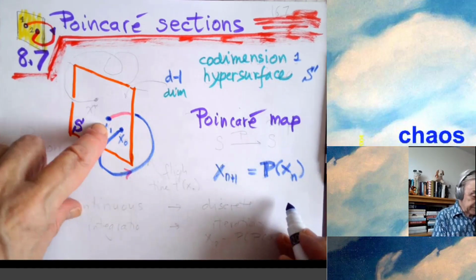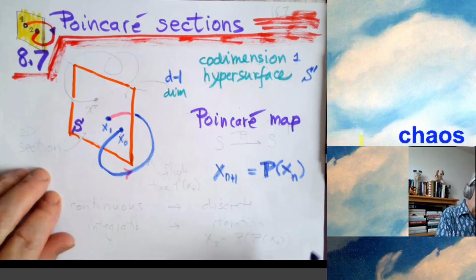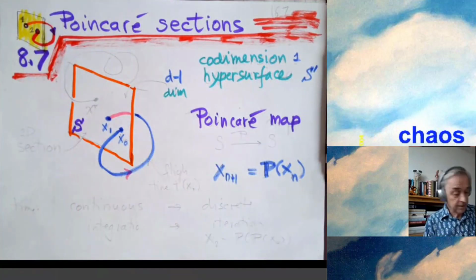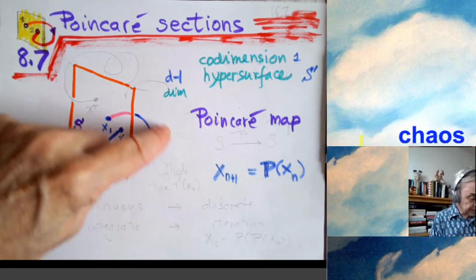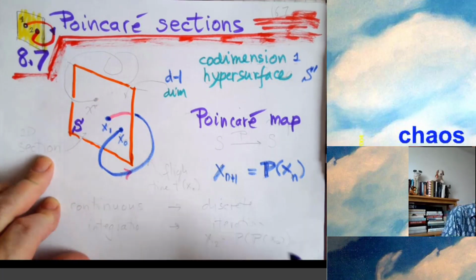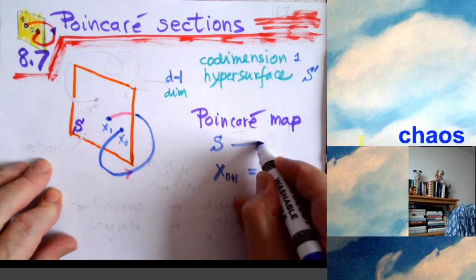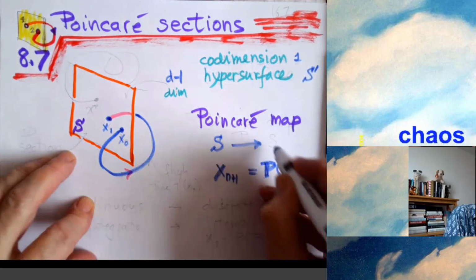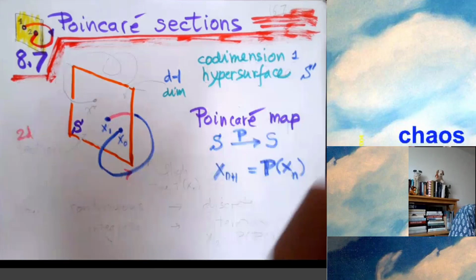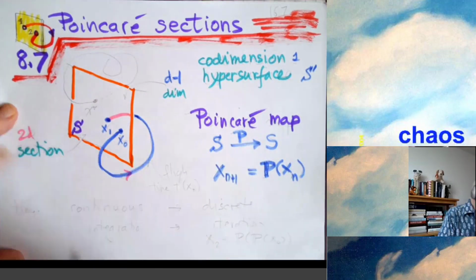Next time I intersect the space, I'll end up at a different point, and going from here to there is not a differential flow. You don't have to know all these details how you got there. You only need to know where you landed. That's called the map. And what that map does is it takes the section and maps it into itself. This picture, there was a 2D section, could be any dimension. No extra thinking needed.